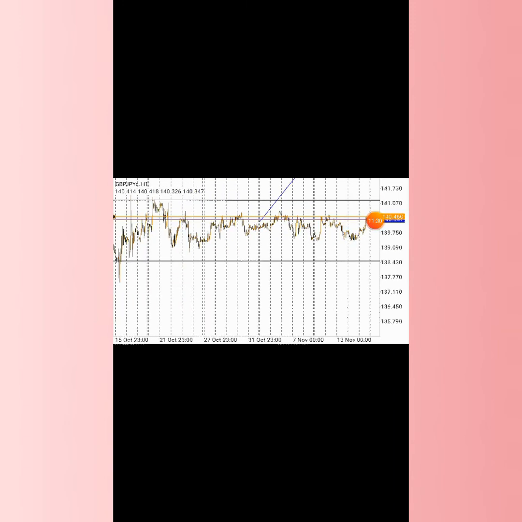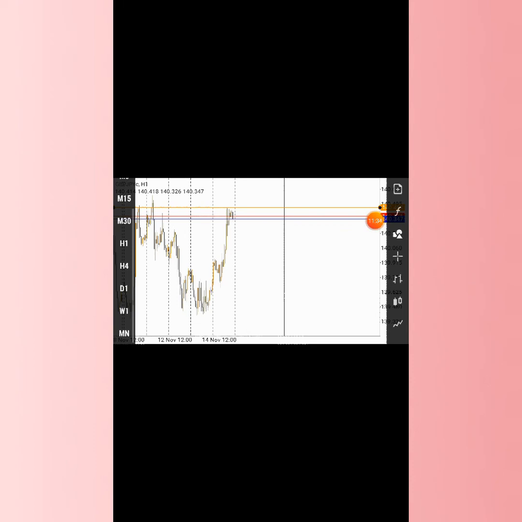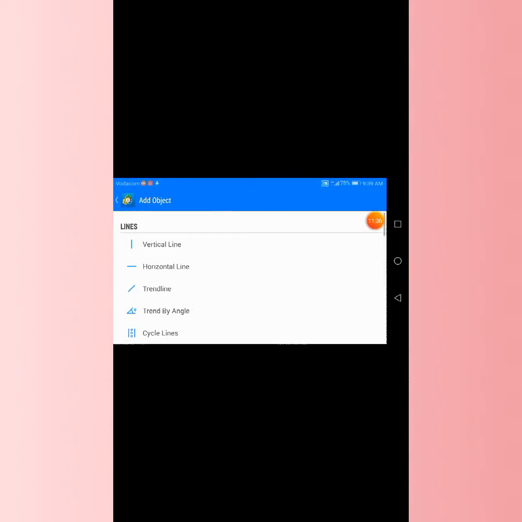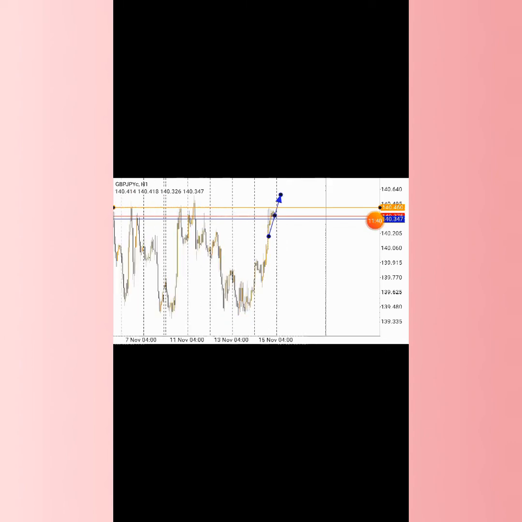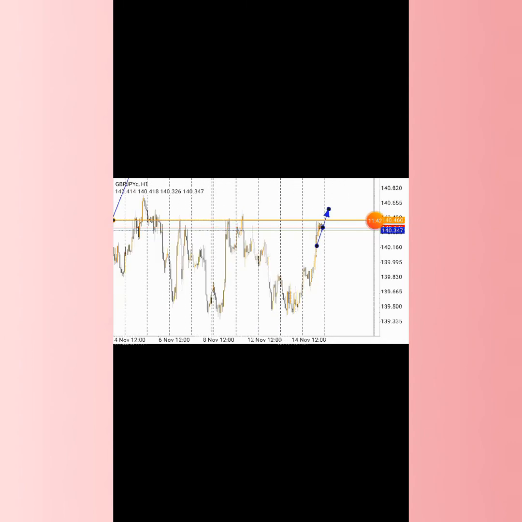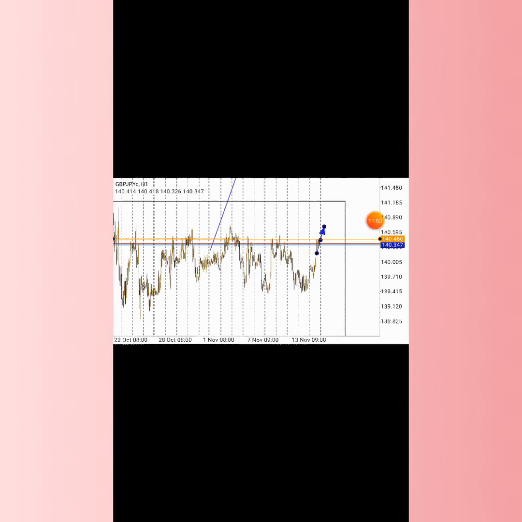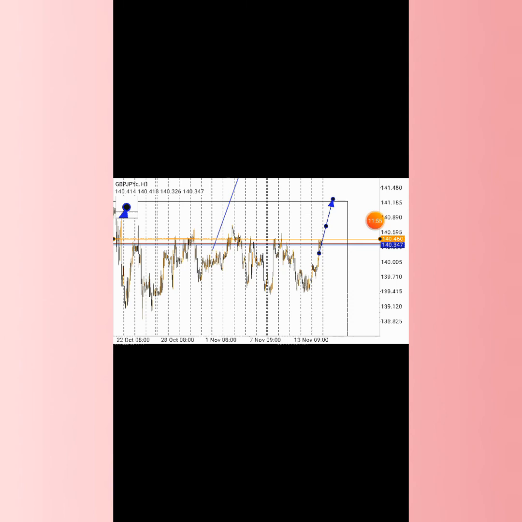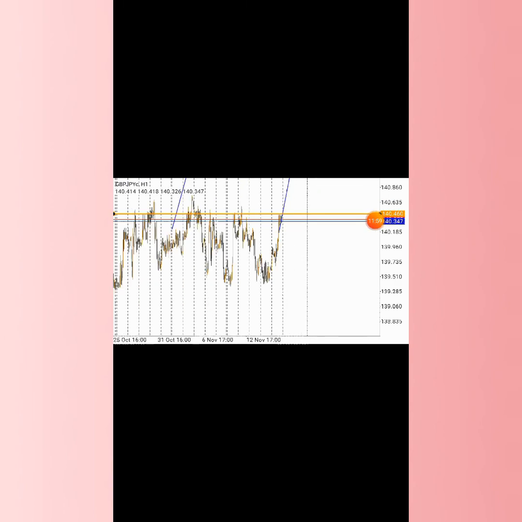If the pair will cross this line on a shorter time frame and close, maybe H4, out of this zone, we are likely to expect a retest and a moving up to here. So you do your analysis in that way.